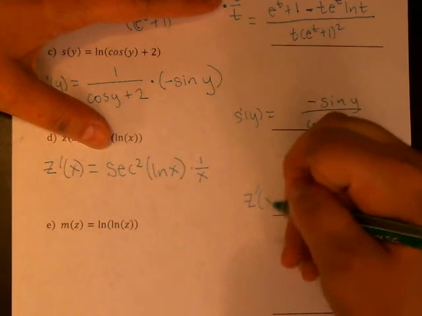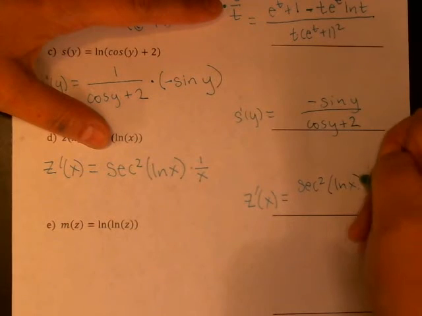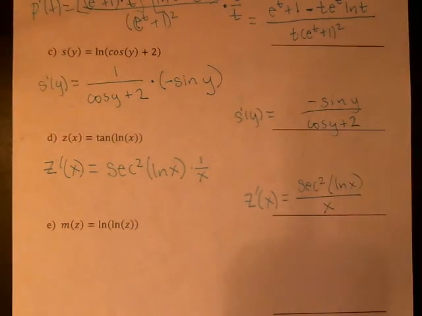So c prime of x is equal to secant squared natural log x all divided by x. If you'd like, you could also make that 1 over x times cosine squared of the natural log of x. So it's up to you if you're using 1 over cosine squared or secant squared when you have tangents.